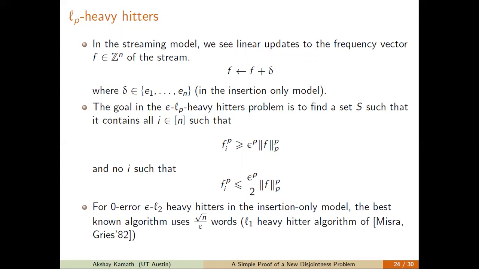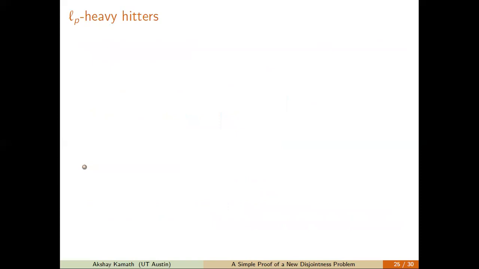For the zero error epsilon L2 heavy hitters problem in the insertion only model, the best known algorithm that we knew earlier was the Misra-Gries algorithm, and this uses square root n over epsilon many words.